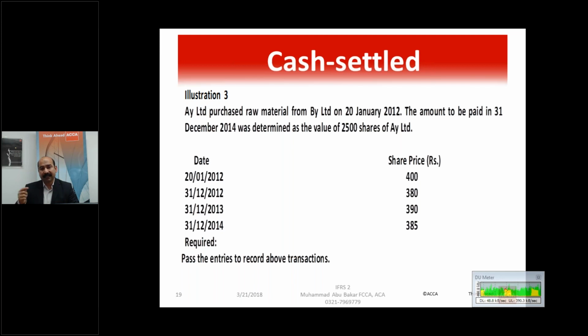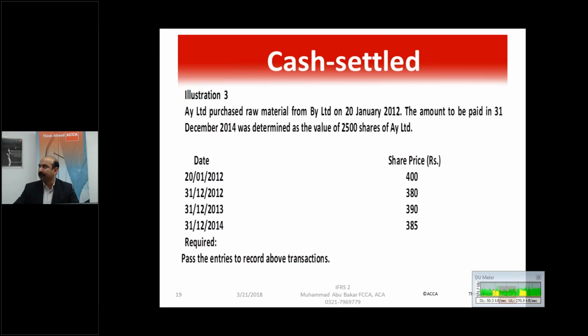But in case of cash settled share-based payment, whenever you want to calculate your liability, you will be using the fair value at that particular date. So their fair value is fixed in equity settled share-based payment. In cash settled share-based payment, this will change. The fair value of that particular date will be used.